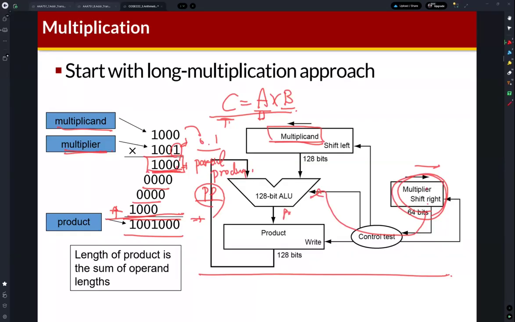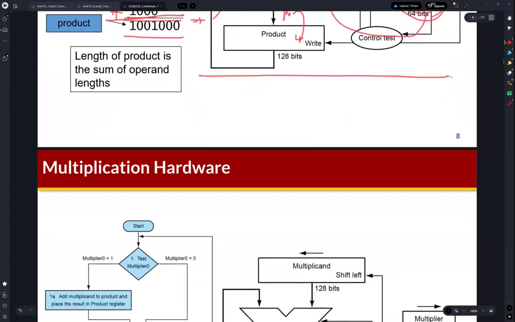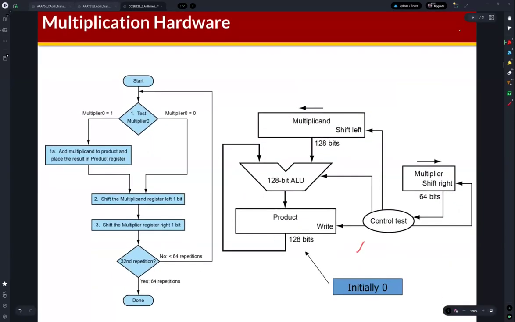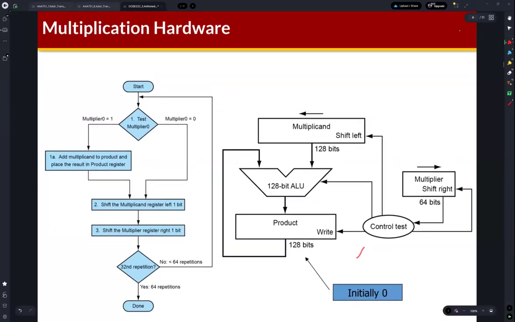The partial products are accumulated by this accumulator. So this is the multiplication, the same as decimal multiplication. The multiplication hardware can be implemented like this, right?